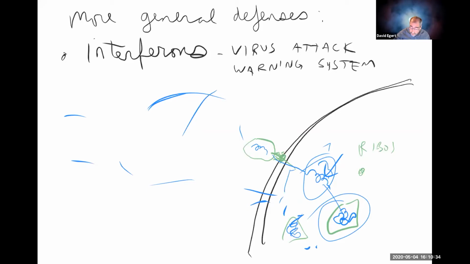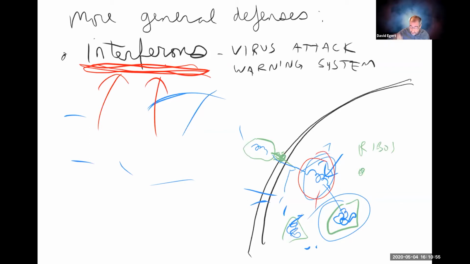So when a cell is under viral attack, it releases interferons, which then tell other cells that they should harden their defenses. So basically, when other cells see these interferons, they know to start slowing down all of our protein synthesis and stuff like that. Let's make it harder for something like this to hijack the system and start replicating inside.